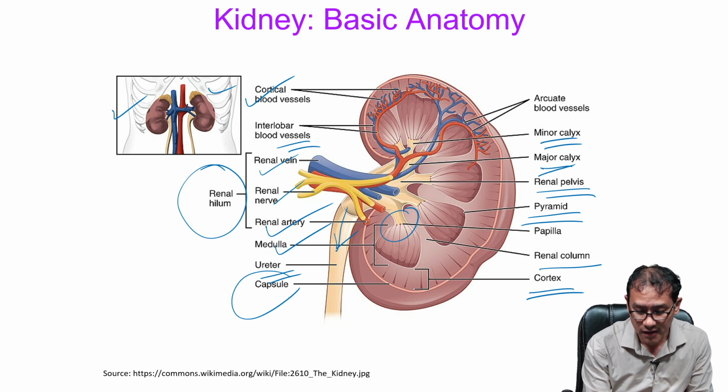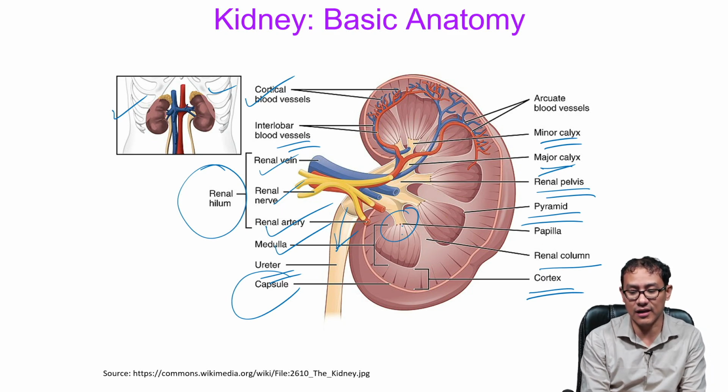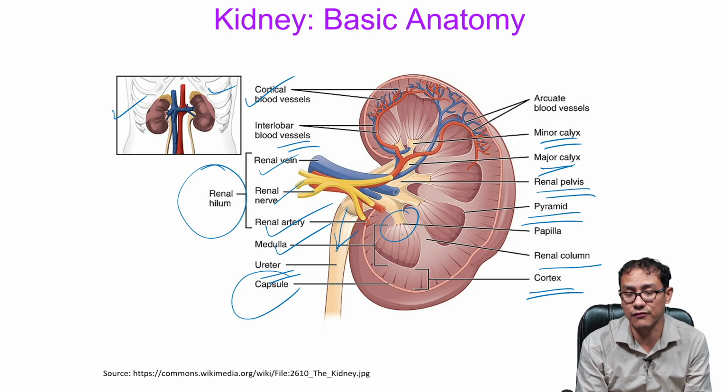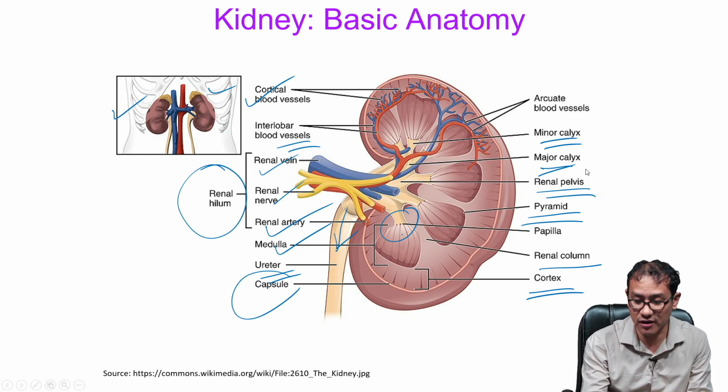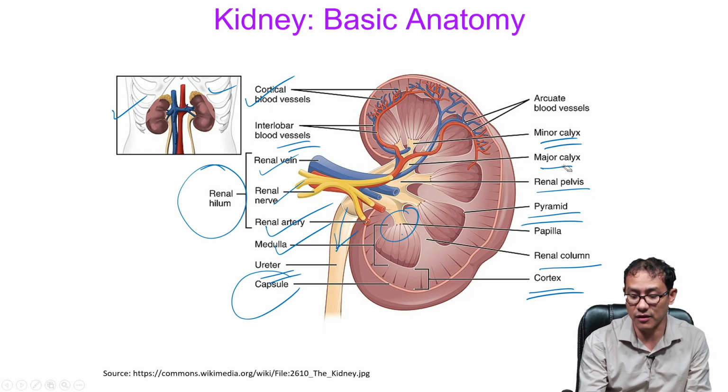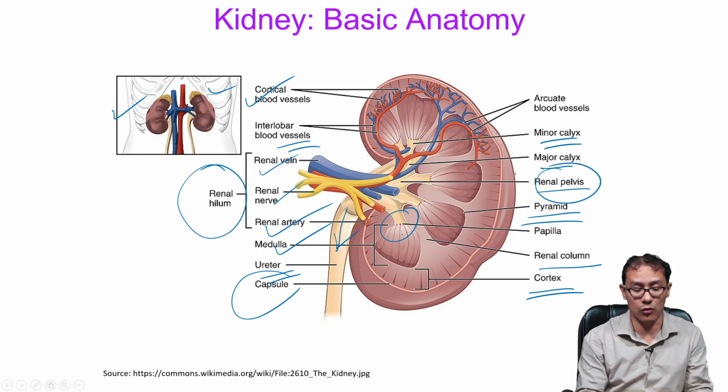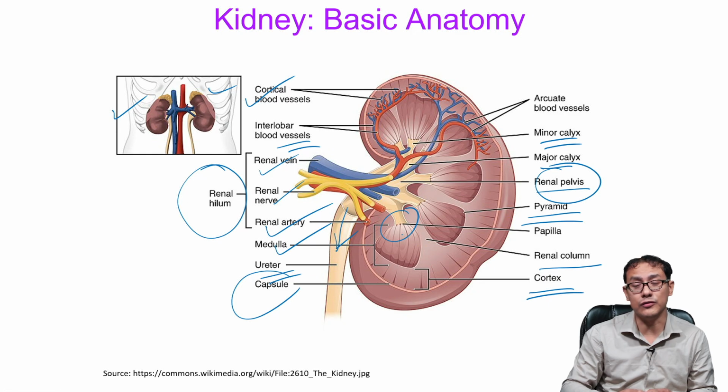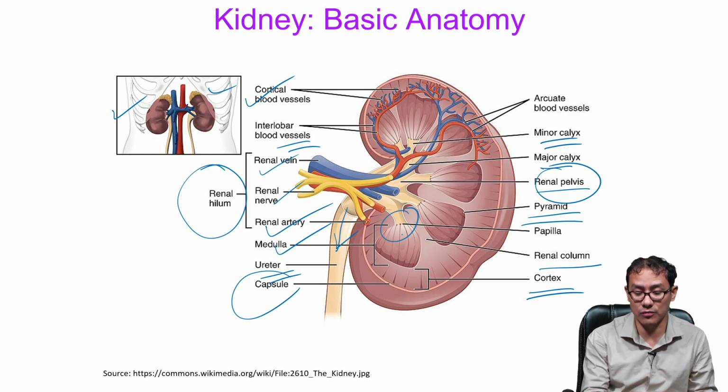The papillae drain into the minor calyces, the minor calyces form the major calyces, and from the major calyces it drains into the renal pelvis, then from the renal pelvis it goes to the ureter. So this is the basic anatomy of the kidney.